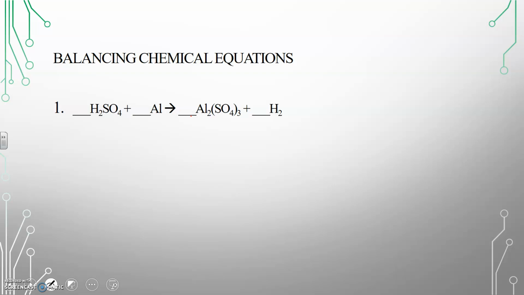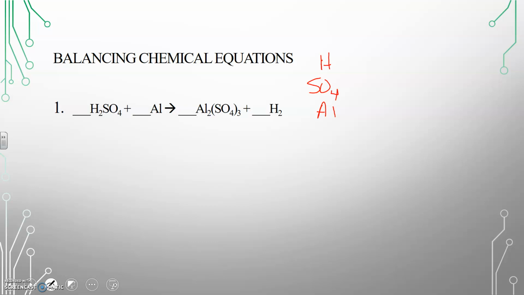We have hydrogen. We also have sulfate on both sides, and it stays together, so I'll just keep it together here. And then we also have an aluminum. This is obviously a single displacement reaction because we have our aluminum kicking hydrogen out and taking its place with the sulfate.